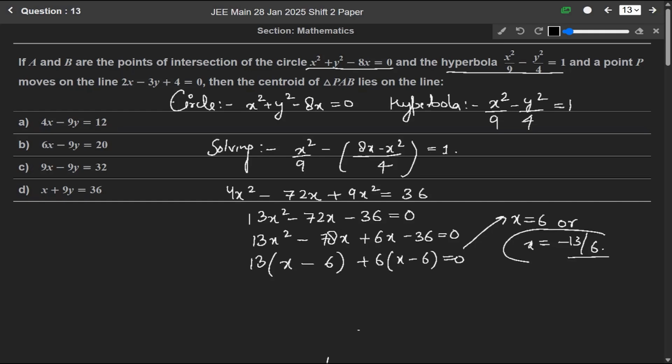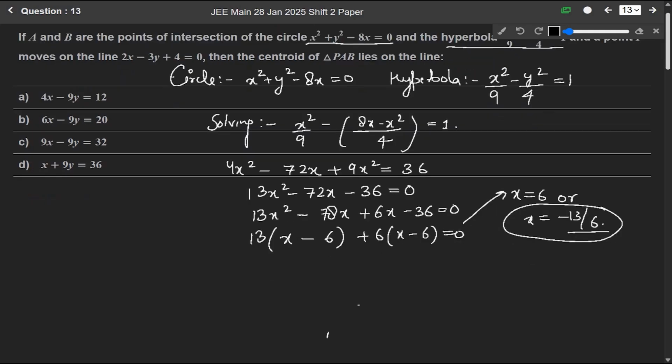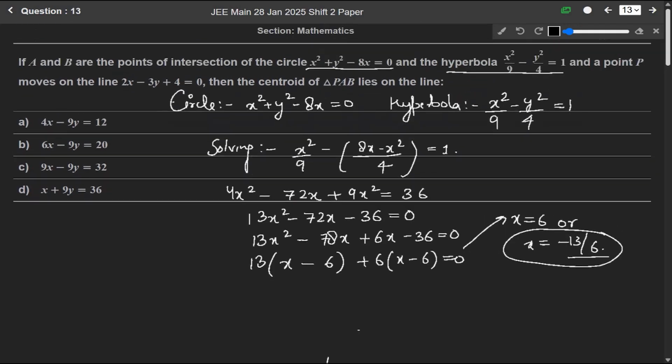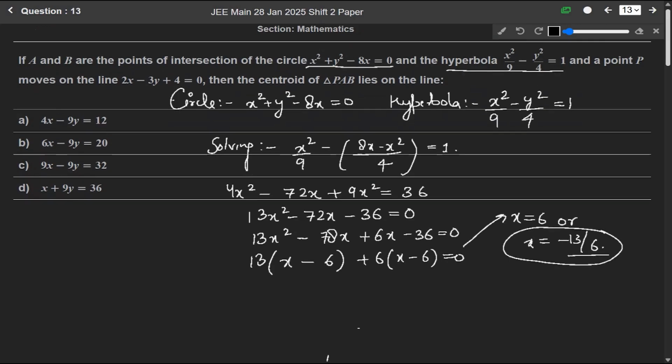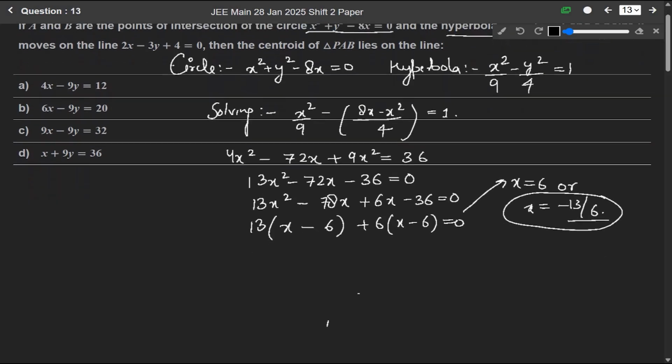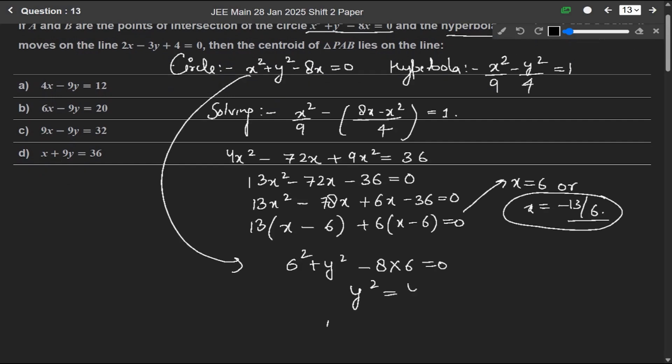So neglecting this negative value and using x = 6, we put it in one of the above equations. So we get, let us say, in this equation, 6² + y² − 8 × 6 = 0. So from here y² will be equal to 48 − 36.